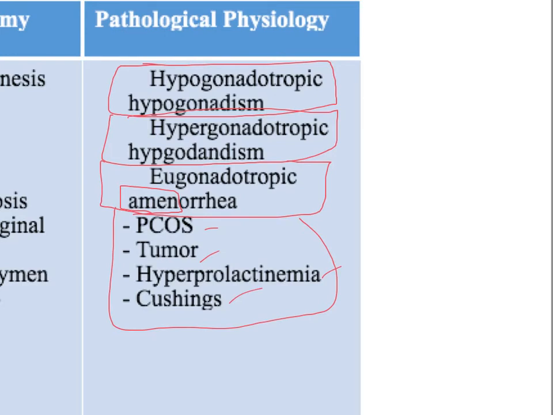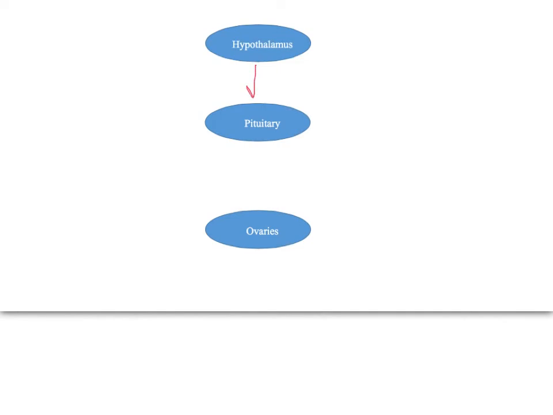But I know having this list does very little to help, so I'm going to explain the list. You remember that your hypothalamus will act by releasing gonadotropin-releasing hormone, and your pituitary will act by releasing follicle-stimulating hormone, FSH, and luteinizing hormone, LH. And then finally, the ovaries will act by releasing the steroids, estrogen and progesterone mainly.